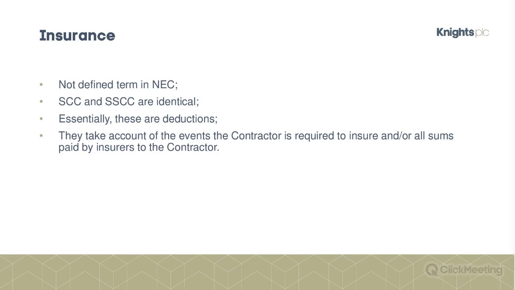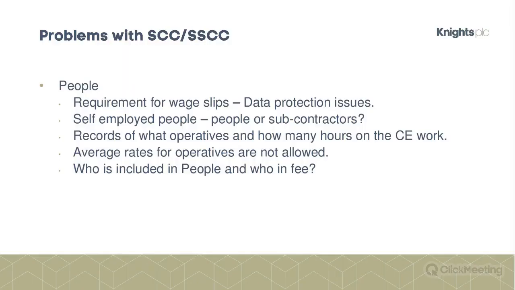Right. Insurance, we're just going to skim past that because you know that you're not going to really, on your day-to-day work, get paid anything for that. So just a few issues that I've probably touched upon. So problems that we have with both of the schedules, to be fair, with the people section, so the cost of people in the working areas, is this whole thing about having to show what they cost you.